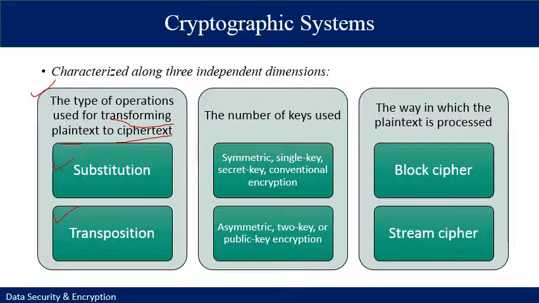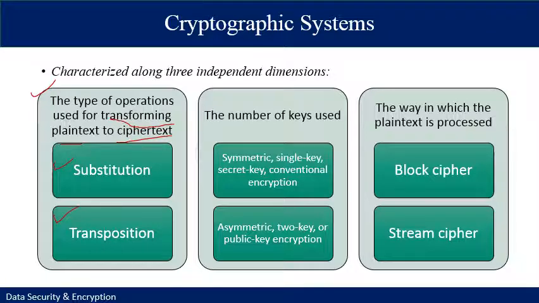However, transposition deals with the elements in which plain text is rearranged. That means you do not replace it with other values. You actually shuffle the values in the same text and rearrange that plain text into another form that will be called ciphertext.